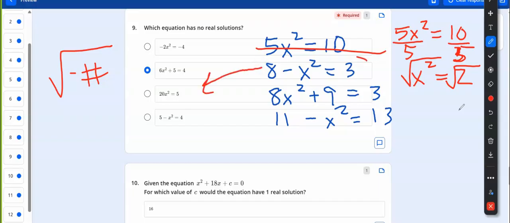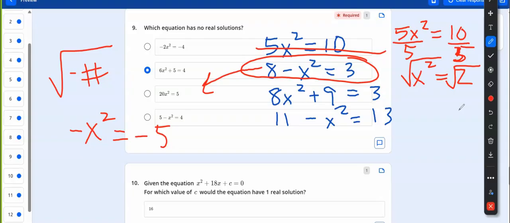How do we solve this one? Subtract 8. Okay, good. 3 minus 8. What is 3 minus 8? -5. Okay, now what? Square root them. Cannot square root, right? Remember, on the very first equation, you divided by 5 at the beginning.